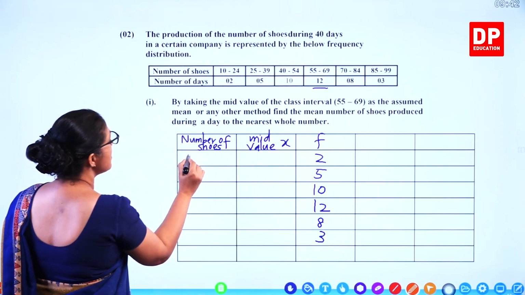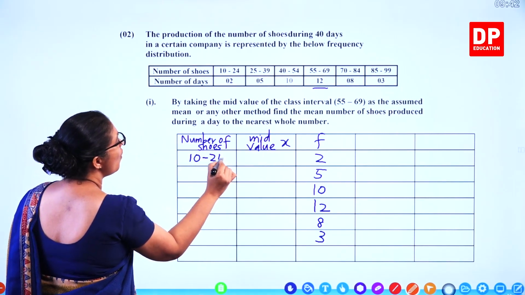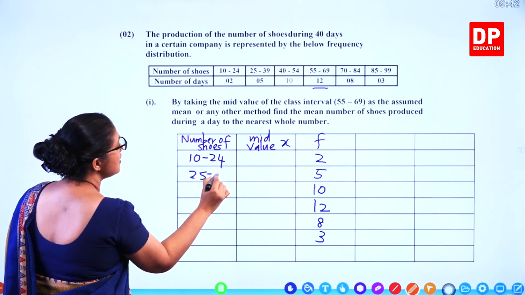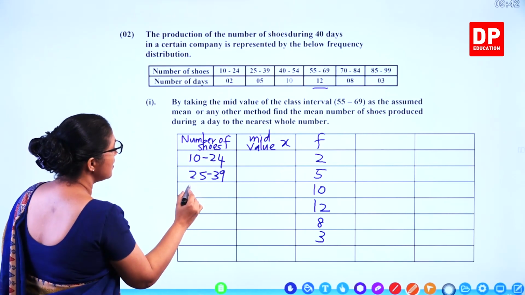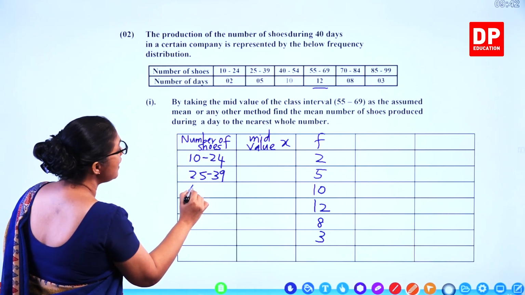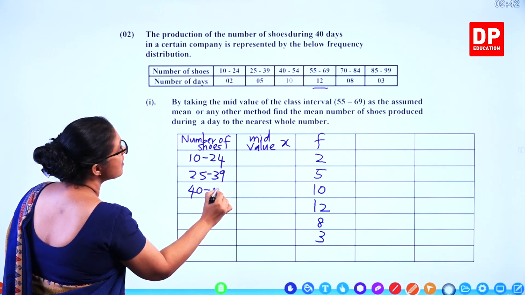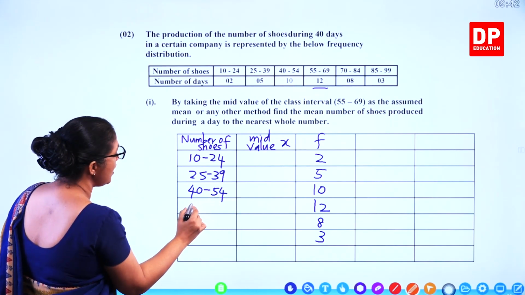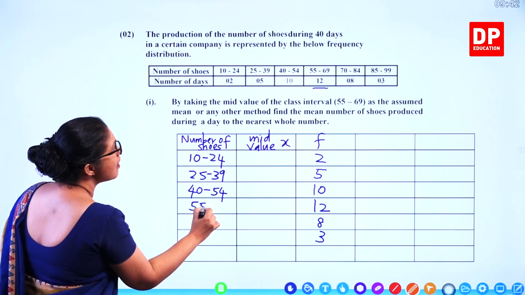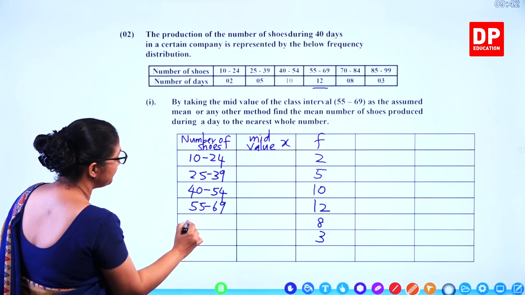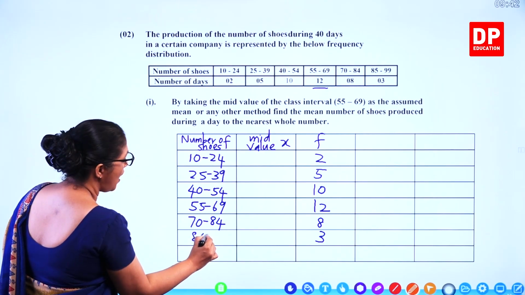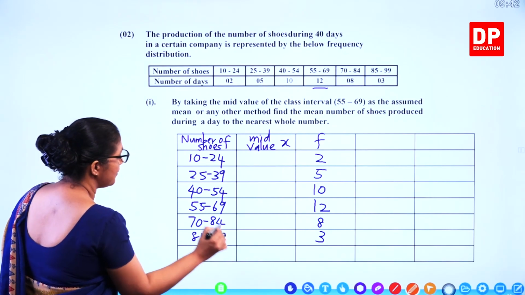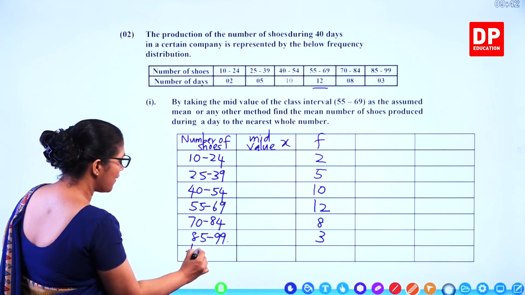The intervals are 10 to 24, 25 to 39, up to 85 to 99. What are these numbers, class boundaries or limits? There's a gap in between, so we call these class limits. And we can find the total.